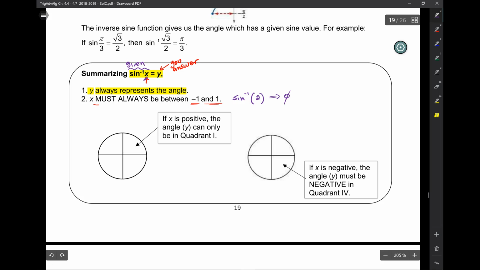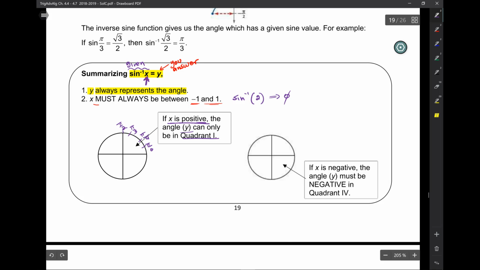Okay. Now, one more. If x, this value, is positive, the angle is only in quadrant 1, right? So it's pi over 6, pi over 4, pi over 3, pi over 2.